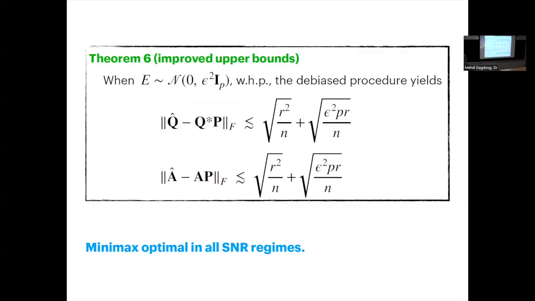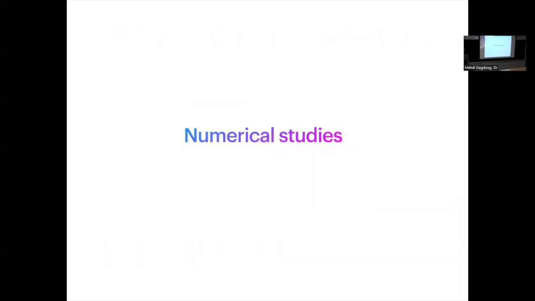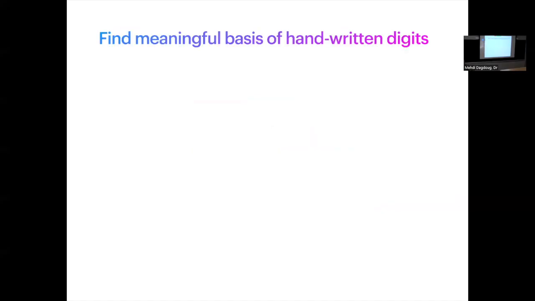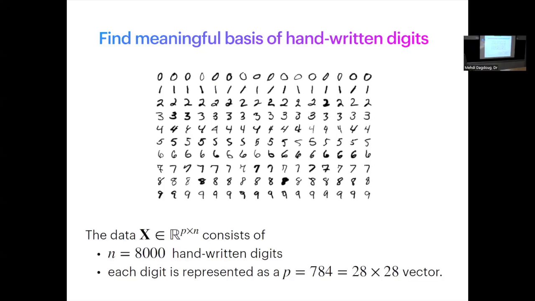All right, so this is everything about the theory. And now I want to present two numerical studies related to this project. First, we would like to find some meaningful basis of the handwritten digits data. Each data point is just one number, and the input is the pixels of these images. You divide it into different pixels, and the goal is to understand how these images are generated.